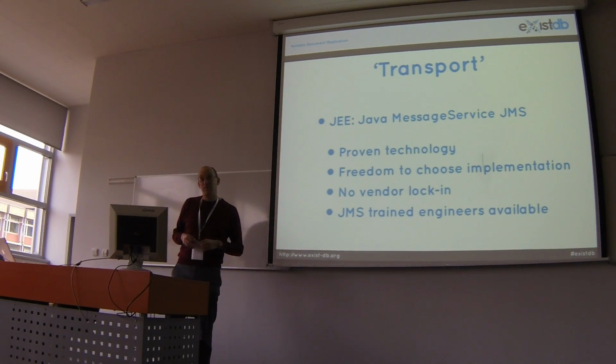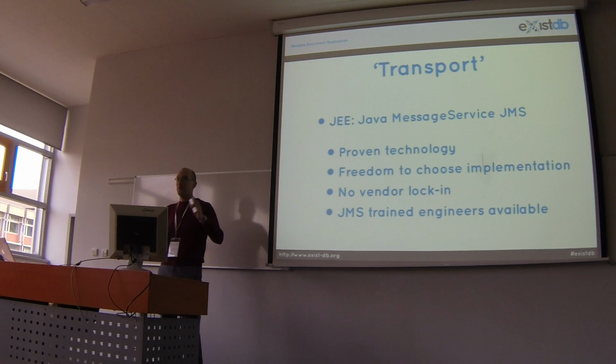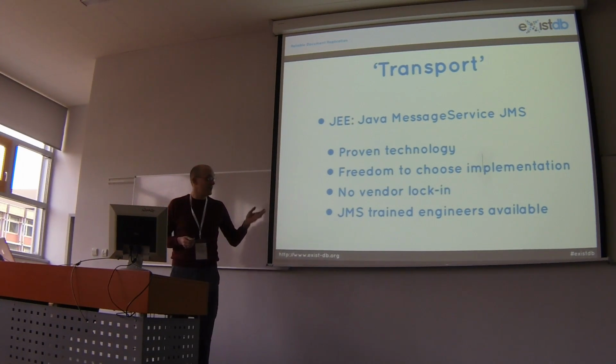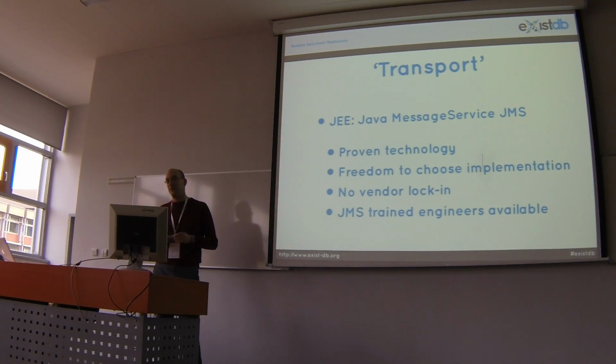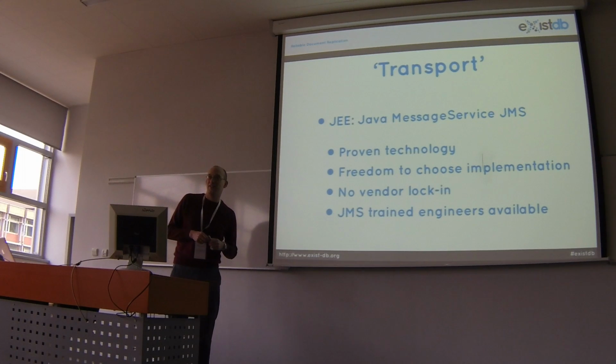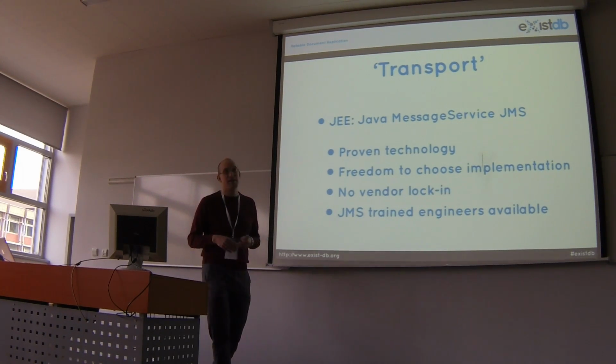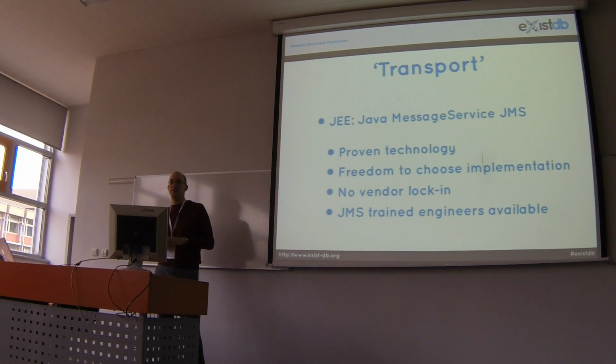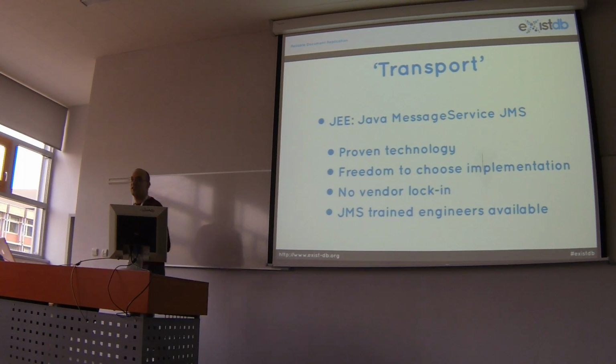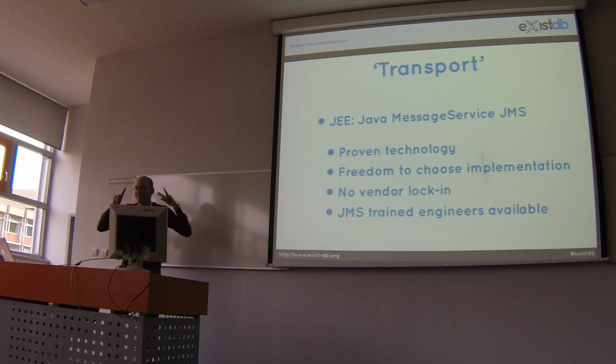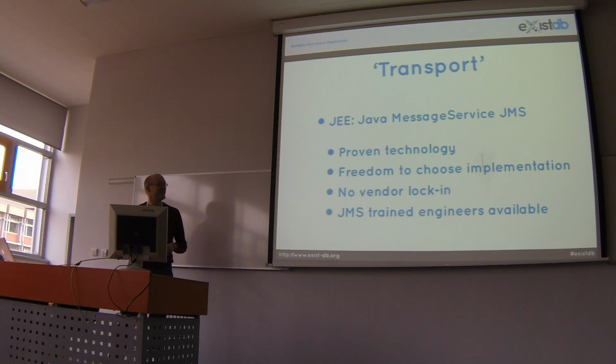And if you need to set up your network of XSDB instances, you could just call your favorite Java Enterprise solution provider, and you will be able to make a coupling between all the instances. So there's not really an XSDB geek needed to get it working.